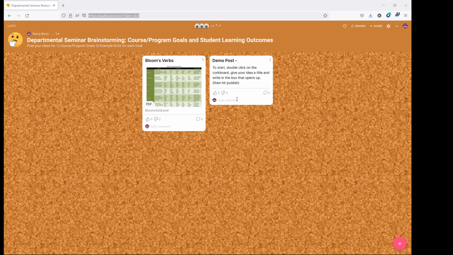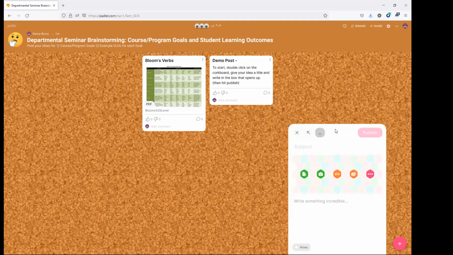And to do this, you just double click and it will give you a card. So, I'm going to do demo 2, learning outcome.